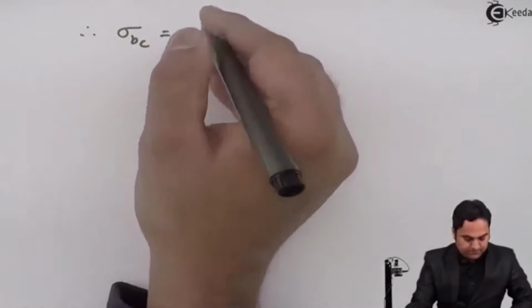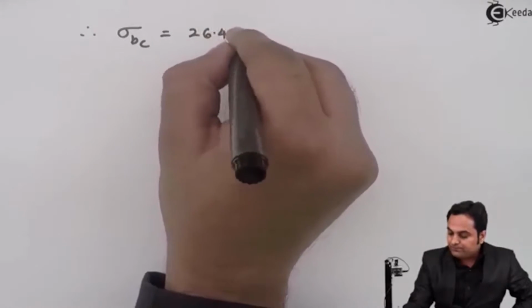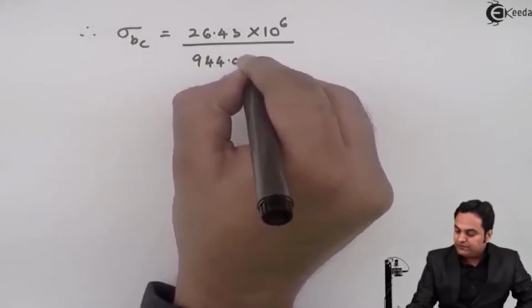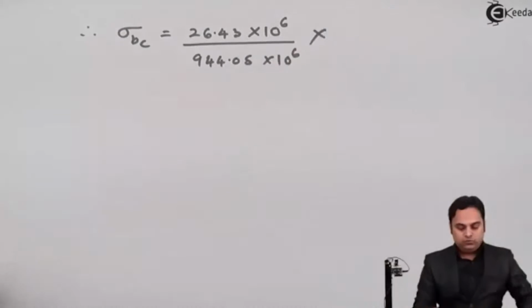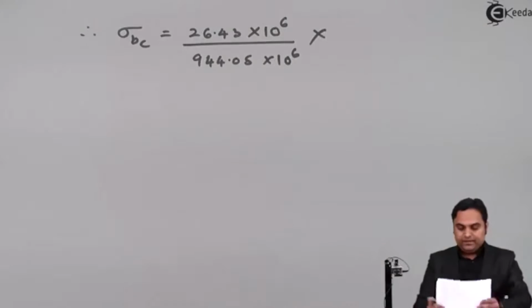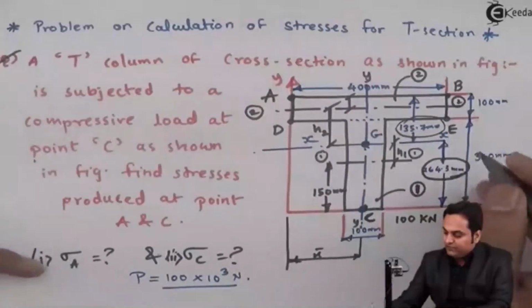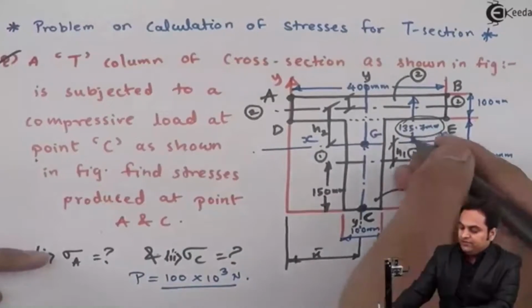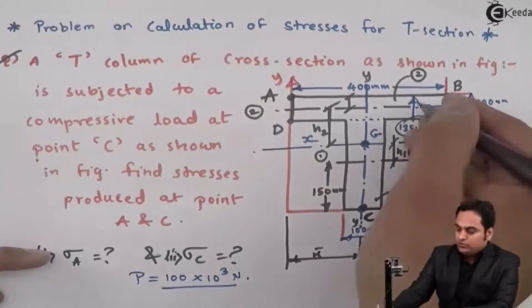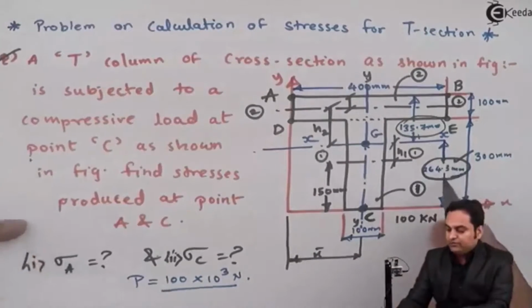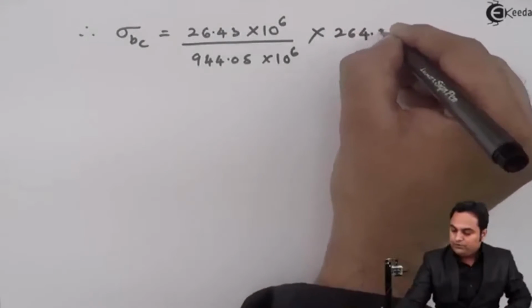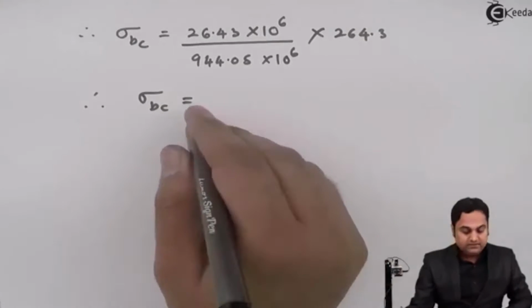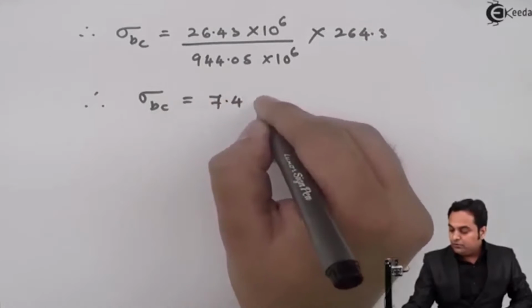The bending stress at C: bending moment 26.43 into 10 raised to 6, upon I, 944.05 into 10 raised to 6. Now for the y value, when we are considering point C, we have to take it as 264.3 mm, because this is the eccentricity for C. The eccentricity for A was 135.7, so that was the y value for A, and this is the y value for C. So I get sigma BC, the bending stress at C, as 7.4 Newton per mm square.